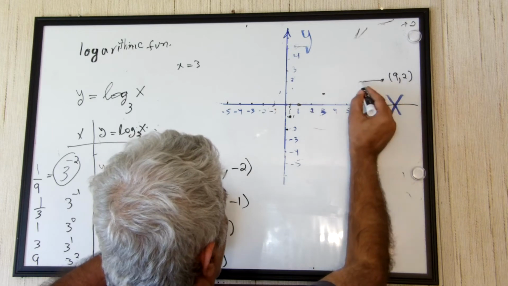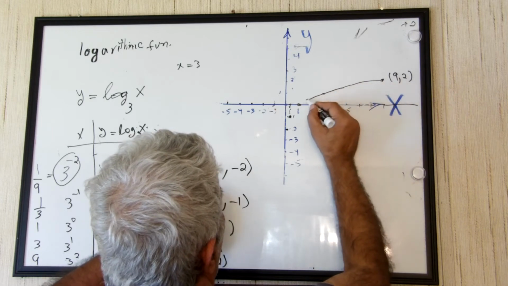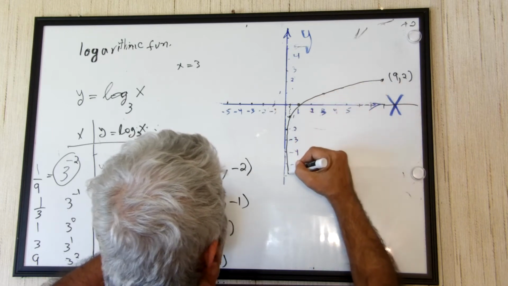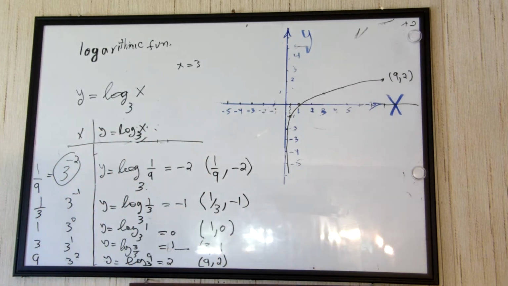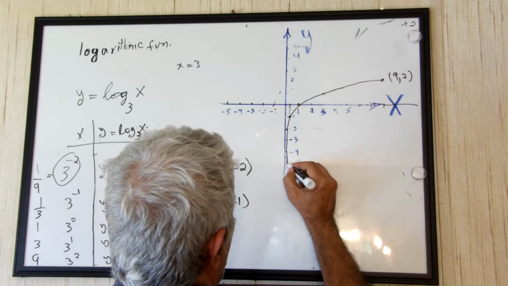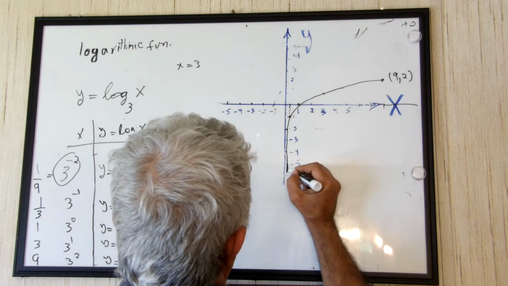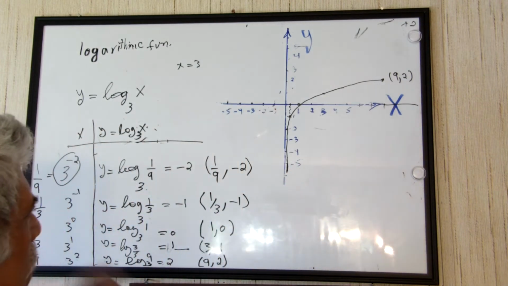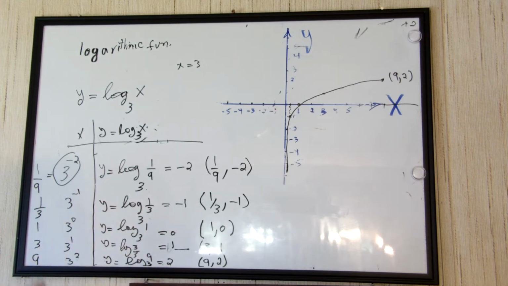So if we connect these, we are going to get something like that, and this is going to get closer and approaches 0, but it doesn't get to 0 until infinity.